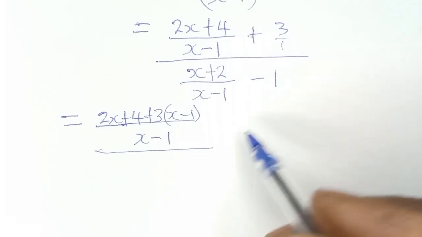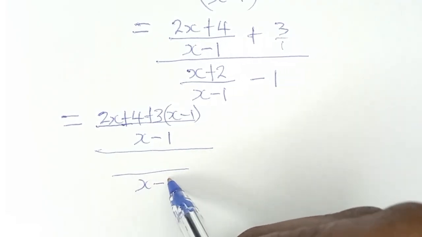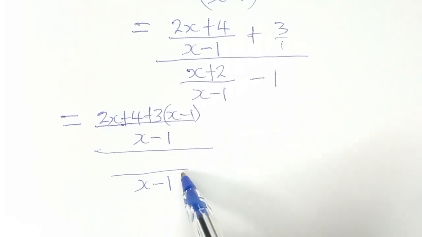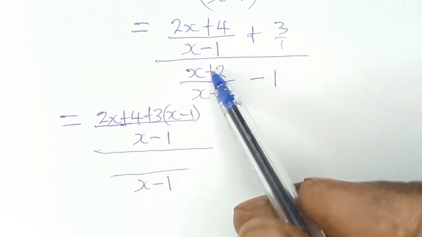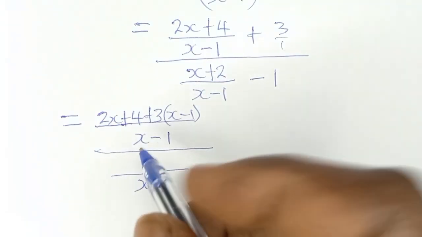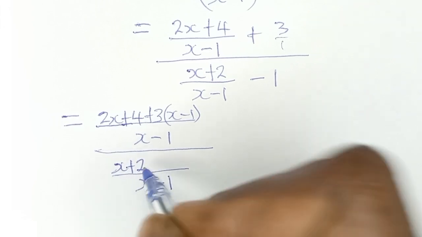Let's move to the denominator. The LCM for the denominator is also x − 1. And then x − 1 divided by x − 1 is 1. Multiply by this numerator will give us x + 2. So 1 multiplied by that will still give us x + 2.